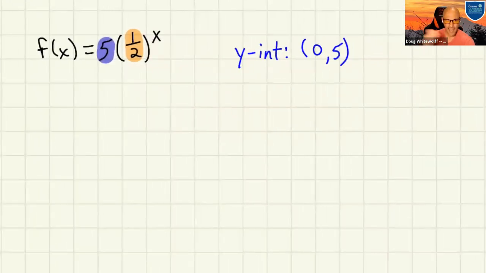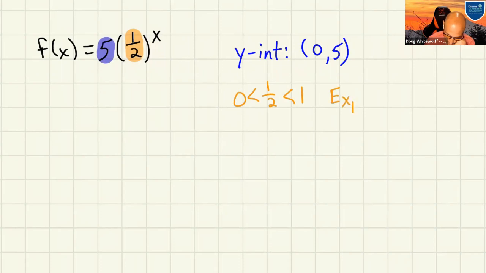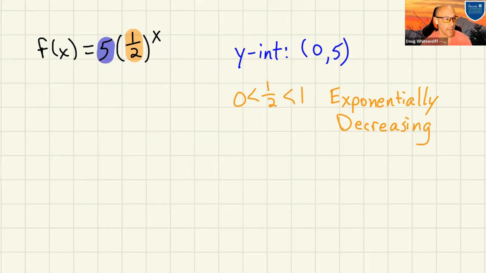So yes and no. It tells you something about how it increases. Yeah. So in this case, because 1/2 is between 0 and 1, we will have an exponentially decreasing function. So that means it goes down from left to right.